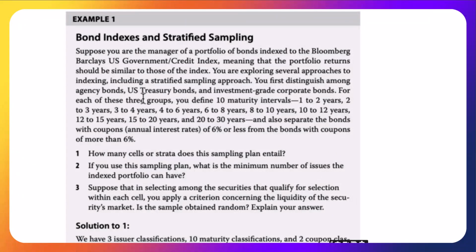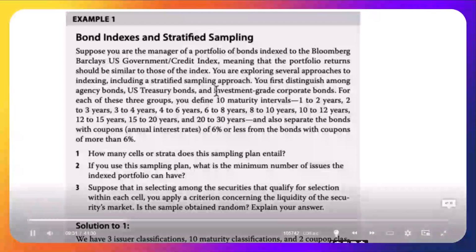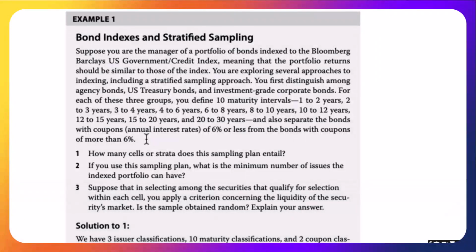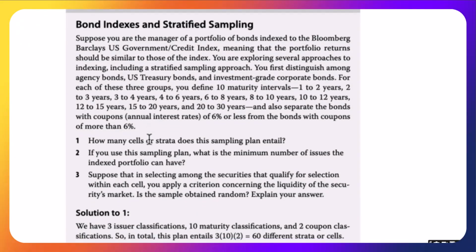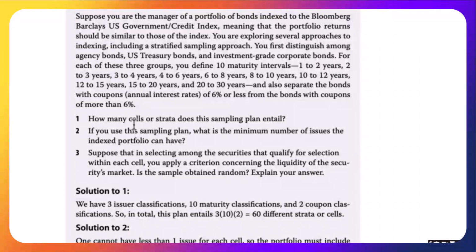For each of these 3 groups, you define 10 maturity intervals: 1 to 2, 2 to 3, on we go, 20 to 30. There are 10 maturity intervals in the 3 groups, so all of a sudden we have 30 sub-portfolios. You also separate the bonds with coupons of 6% or less from the bonds with coupons of more than 6%. So in these 30 sub-portfolios, we further subdivide them into coupons greater than or less than 6%, so we'll end up with 60 sub-portfolios.